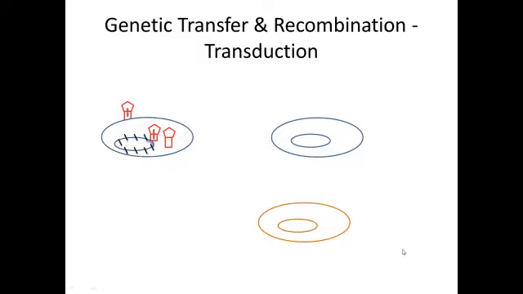Now occasionally mistakes are made. Instead of packaging its own genome, it accidentally can package bacterial genome. Now when this virus, this phage, leaves the cell and goes on and infects another bacterium, it can't really infect it, but it can transfer the bacterial genome from the one that was previously killed to the new cell.